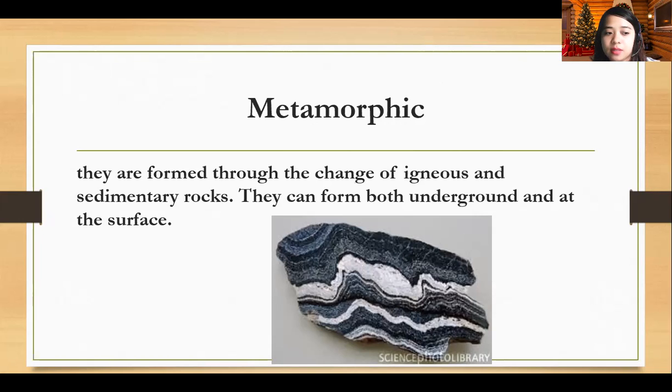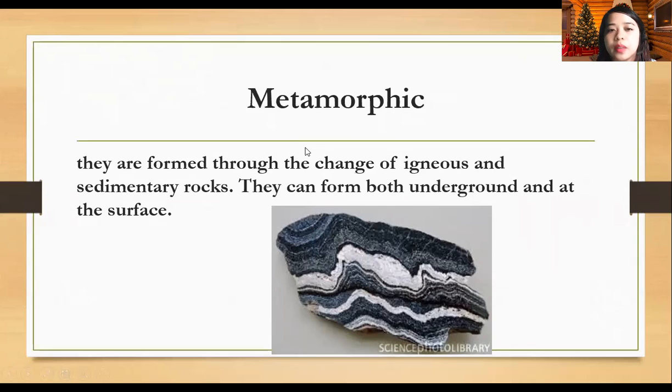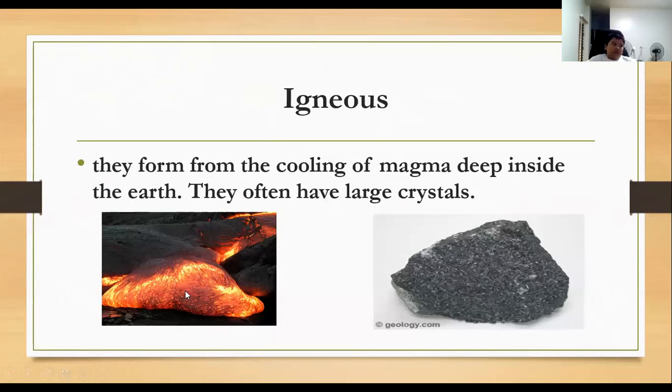It is the rock that is formed from lava, from the magma, and it can be found near the volcano. What's magma? Magma is the hottest part of the volcano.